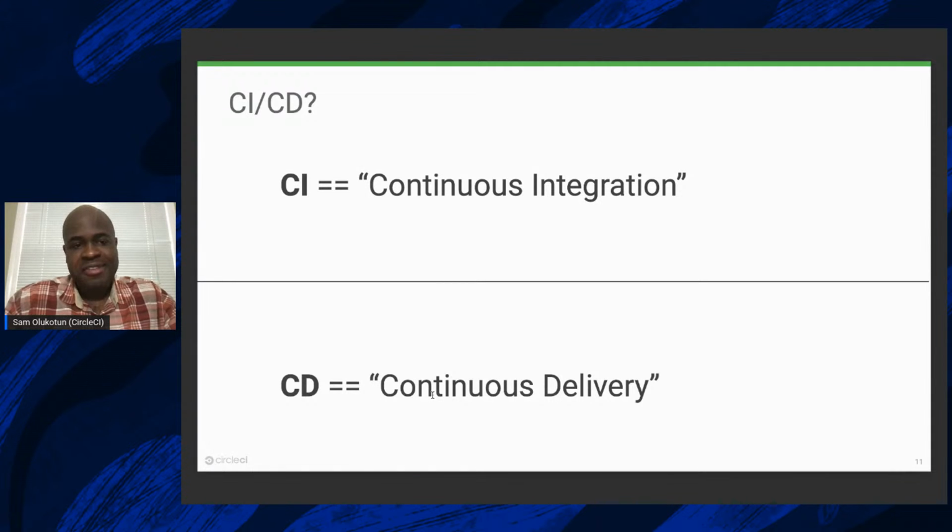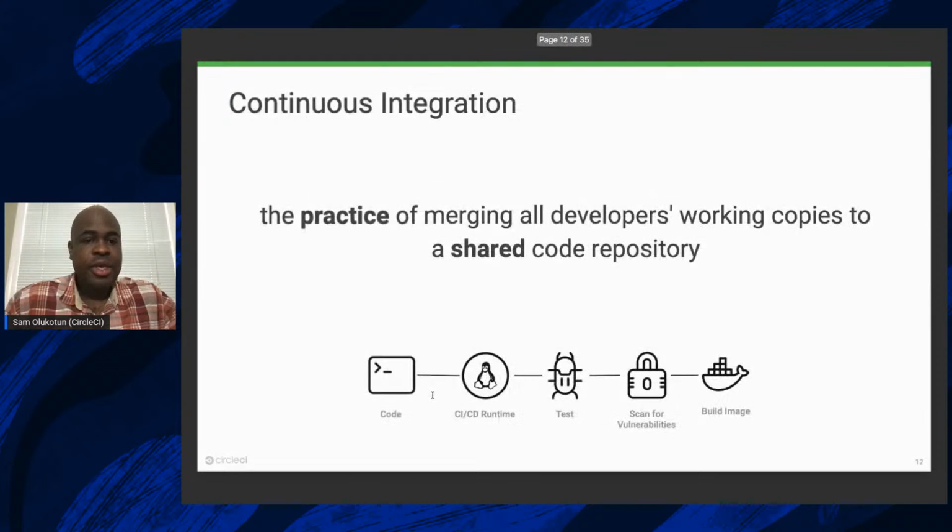When we talk about CI/CD, we're really talking about two halves of a DevOps practice. The CI half is continuous integration, and CD is continuous delivery. In continuous integration, what we're concerned with is the practice of merging all developers' working copies to a shared code repository.